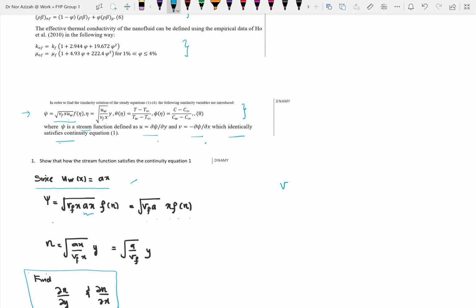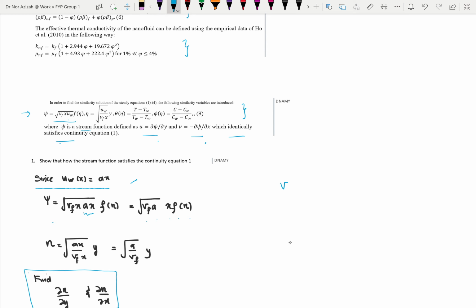Or I forgot, we already have mu. Nu is kinematic viscosity, nf for the nanofluid. Next, now you got psi.